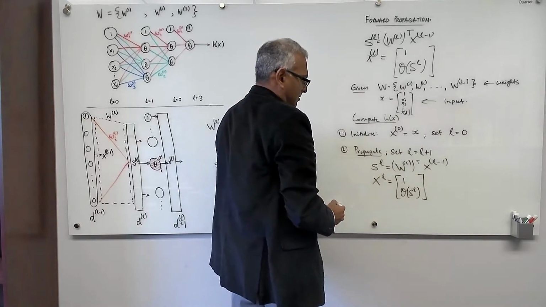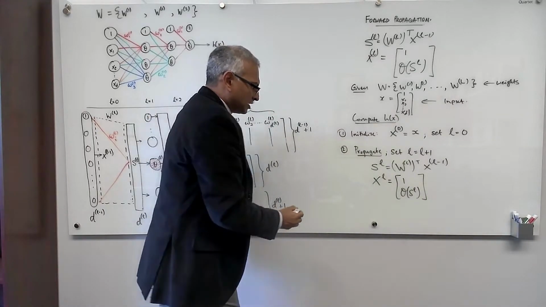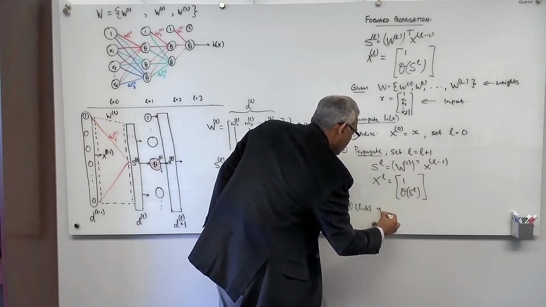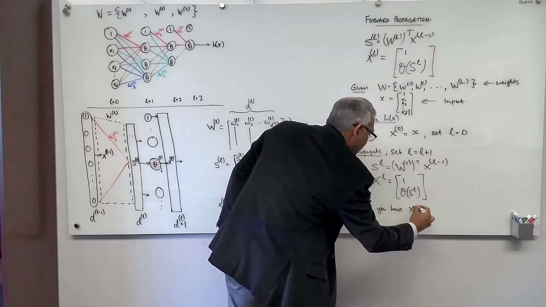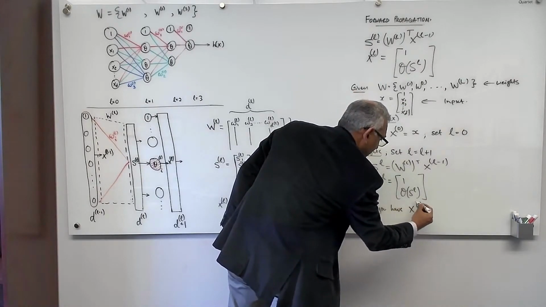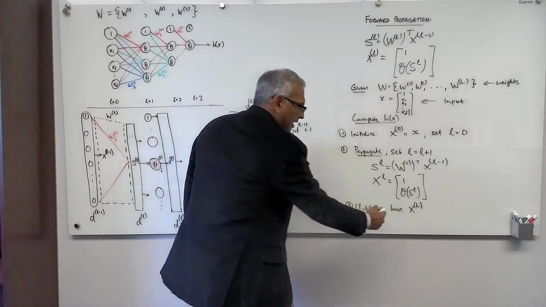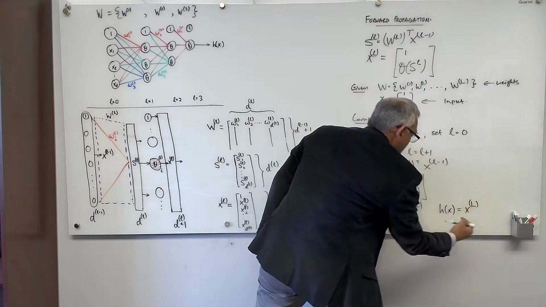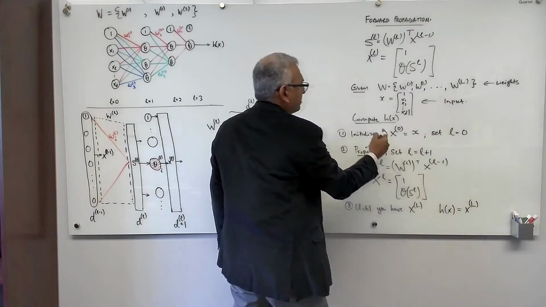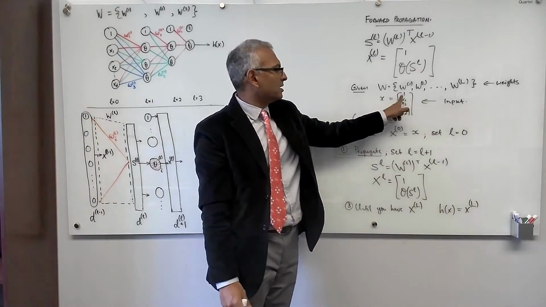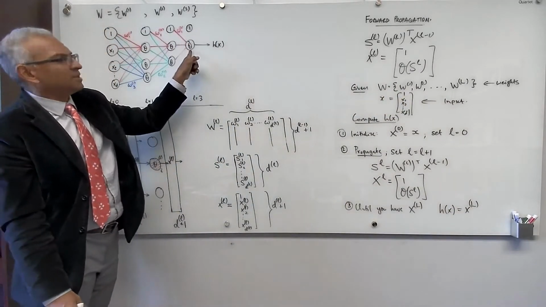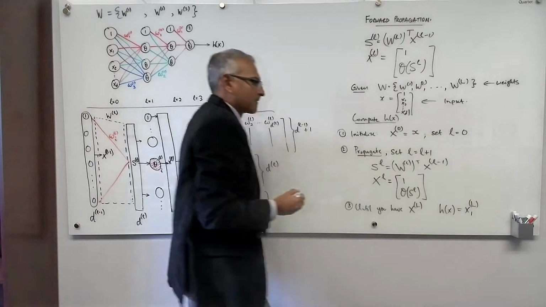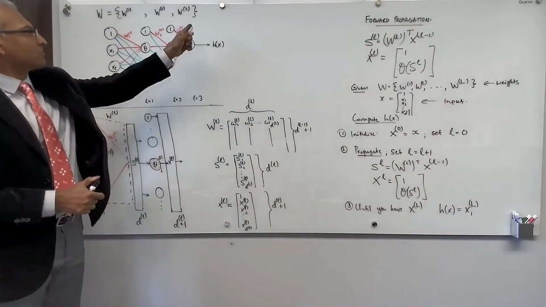Okay, so you propagate until you have X big L, and H of X is just X big L. So this is the 0th component, the augmented one, and then there's the output X big L, 1, of the first non-trivial node, not the augmented node.